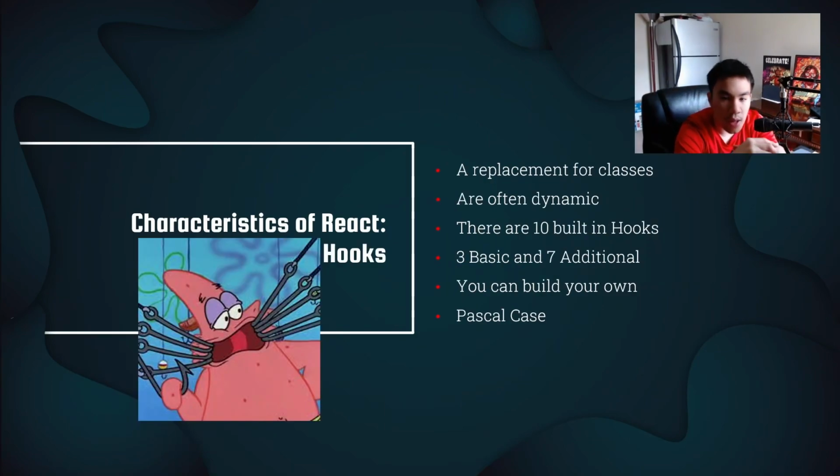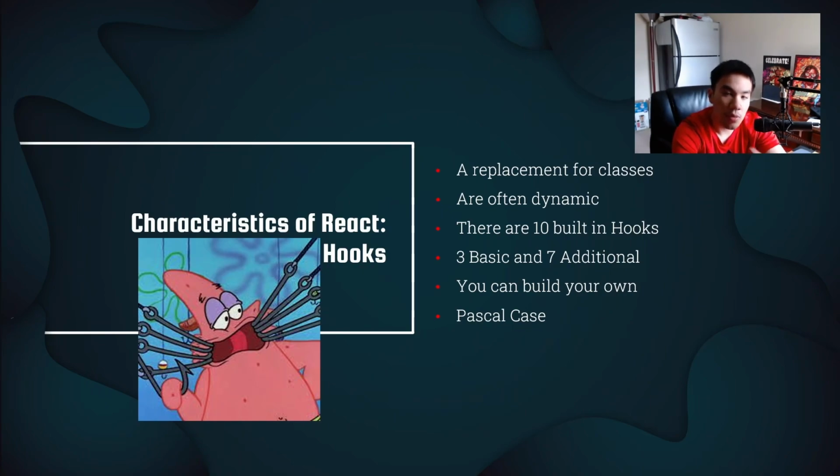So hooks. They were designed to be a replacement for classes to simplify creating components. They are often dynamic or reactive based on user input or if there's any update to the page. There are 3 basic hooks: useState, useEffect, and useContext, as well as 7 additional hooks.